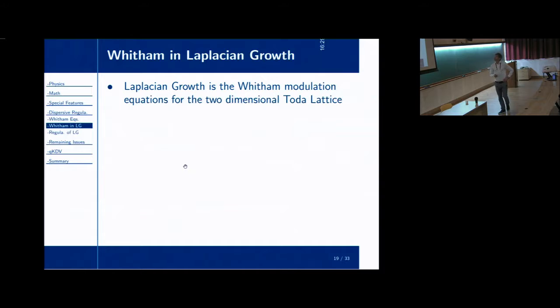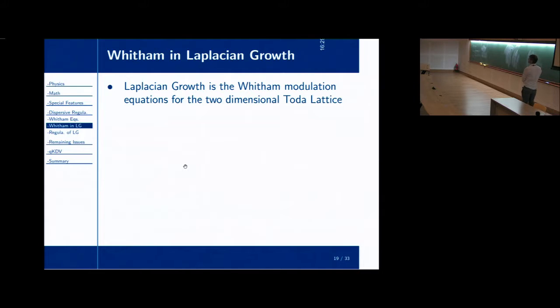So it turns out that Laplacian growth is in some sense this equation for the endpoints of the gap. It can be mapped into the equation for the endpoints of the gap of a certain integrable system called the two-dimensional Toda lattice equations. And the Toda lattice equations are the full integrable equations.